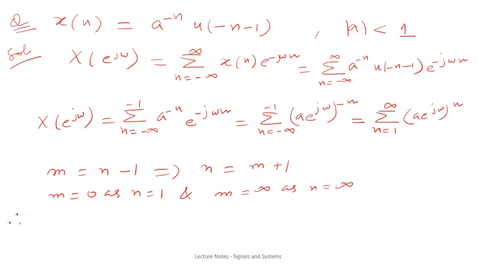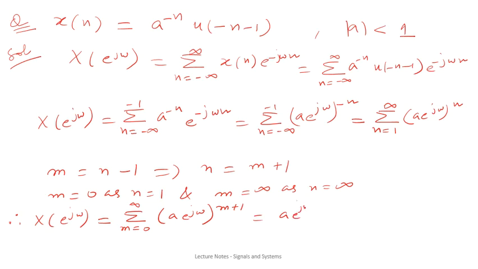Therefore we can write the Fourier transform X of e^(j omega) in terms of limits m equals 0 to infinity, (a e raised to the power j omega) to the power m plus 1.